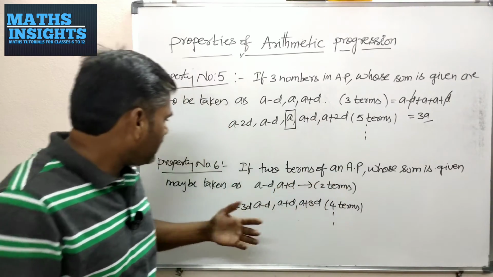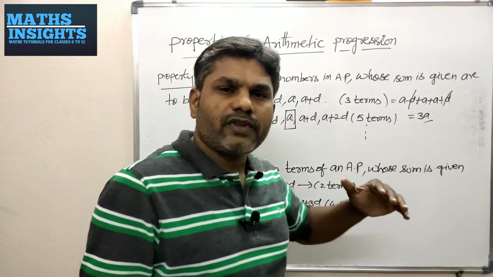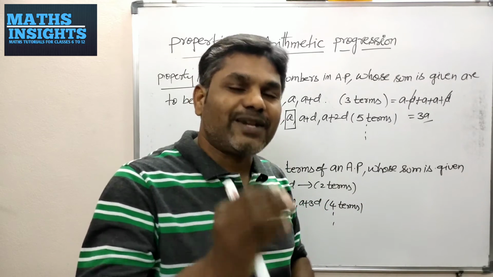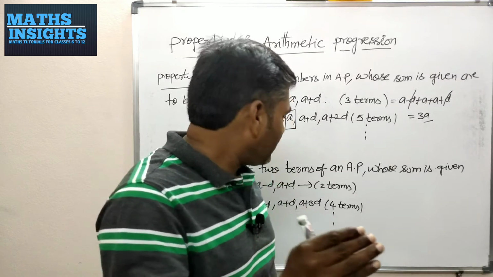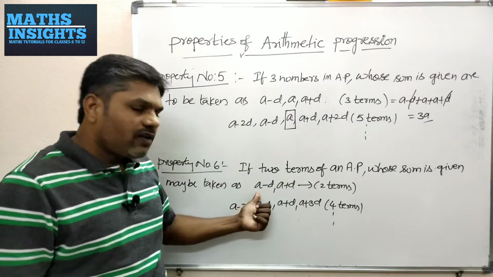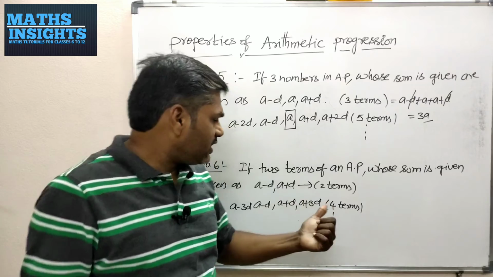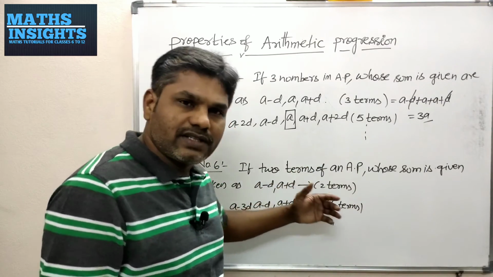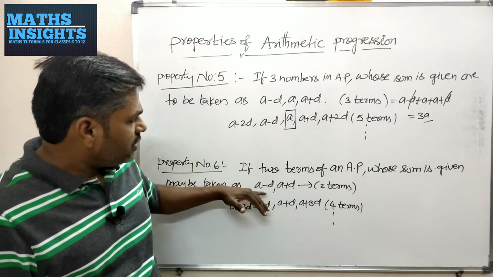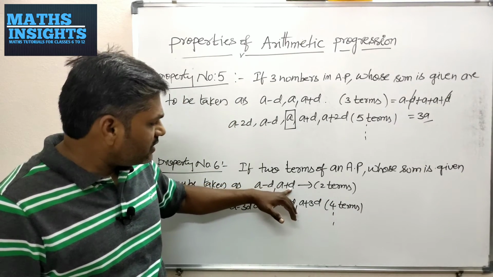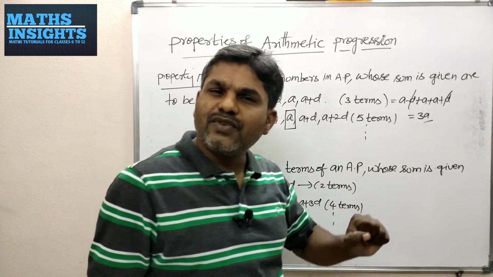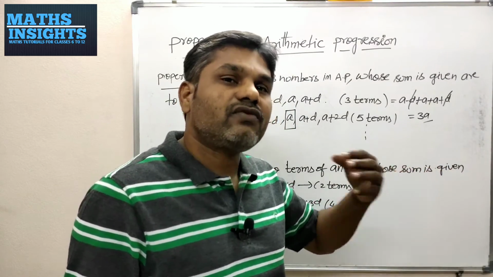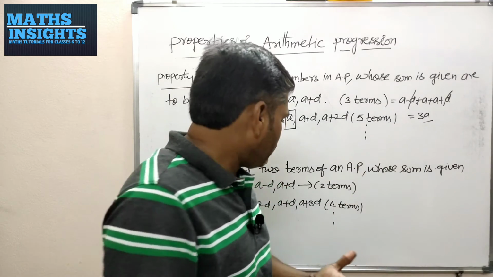If you verify this, you will get the common difference d. Similarly, if you want to assume the terms when they are given in an even number, then with first term a and common difference d, you can assume two terms as a minus d, a plus d. In this case also, if you add them, you can cancel plus d and minus d, and you will get the value of a first. It is very easy, if you know one variable, to find the next variable.